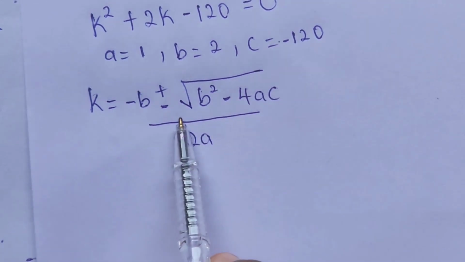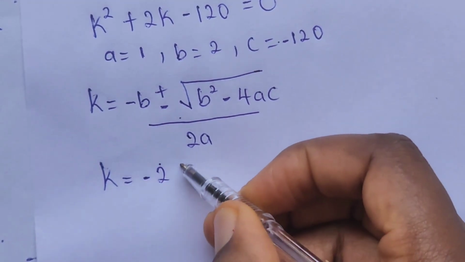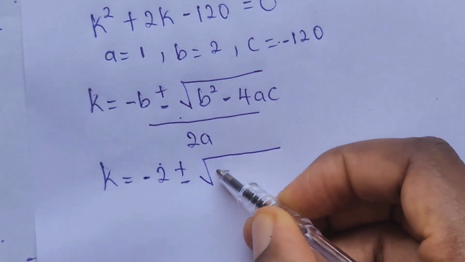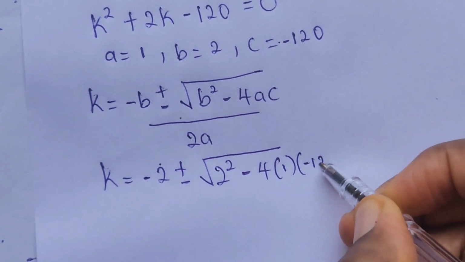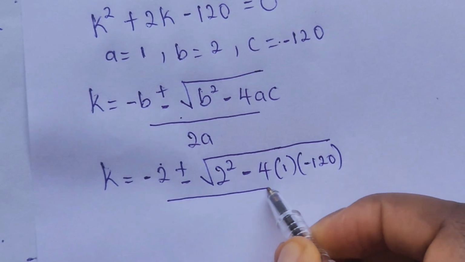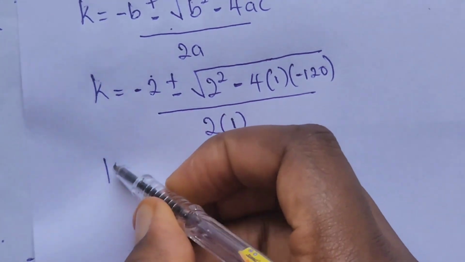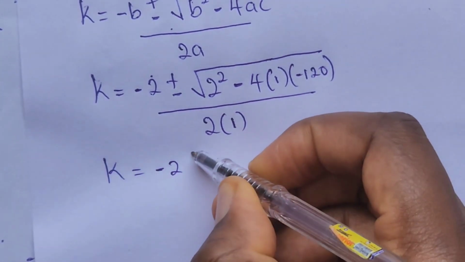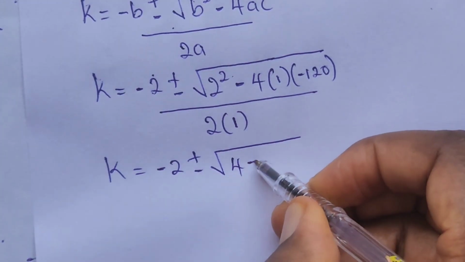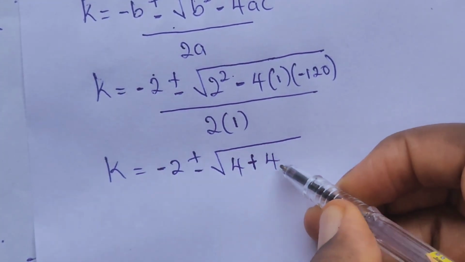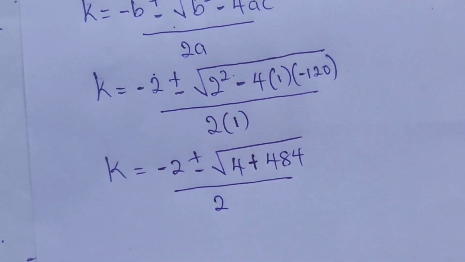So inputting these values into the formula, we have k equal to minus 2 plus or minus the square root of 2 to the power of 2, we have 4, plus 480, that's 4 times 120, all over 2.